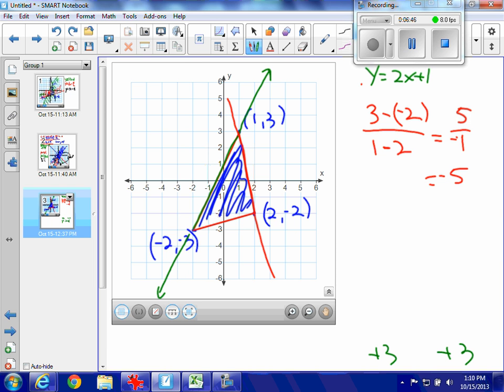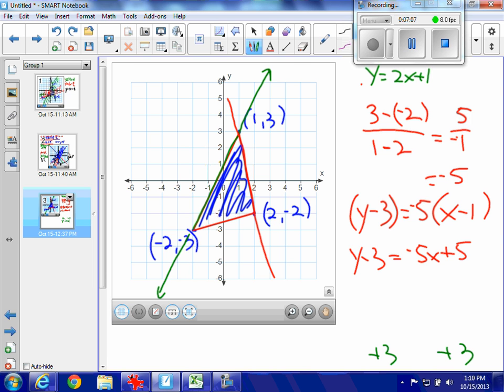But now I need to make it into an equation. I'll pick that point on the top: y minus 3 is equal to negative 5 times x minus 1. So y minus 3 is equal to negative 5x plus 5.